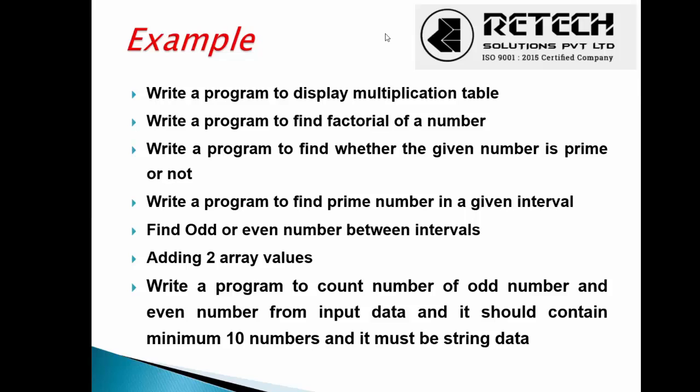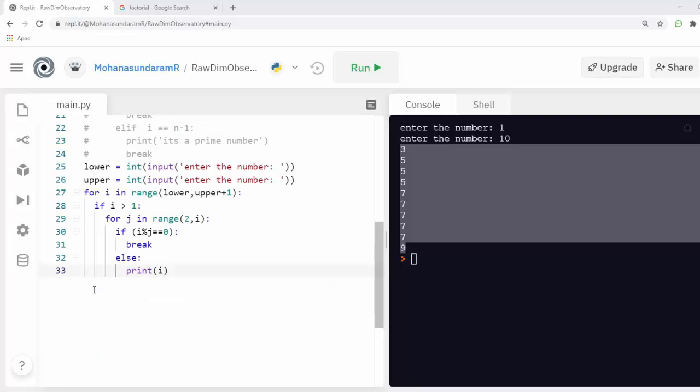It's going to be finding odd or even numbers in an interval. We can make use of the same code. You'll see that in the practical. We're getting two inputs from a user, lower and upper, to find whether a given number is odd or even.